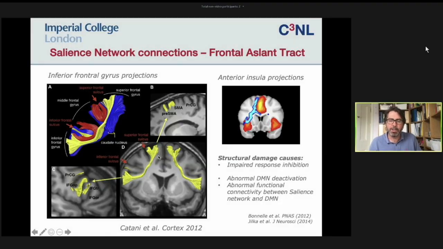And when this is damaged, it produces problems with response inhibition. So we see that in traumatic brain injury, and also abnormal default mode network activation and abnormal functional connectivity between these two networks. So damage to the structure of the salience network is important in determining the behavior that's associated with it.